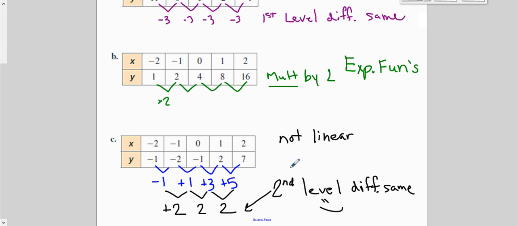So this one is a quadratic function. Right, and that's example 2.